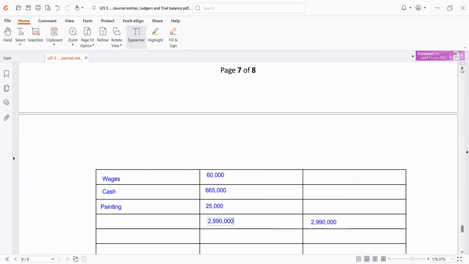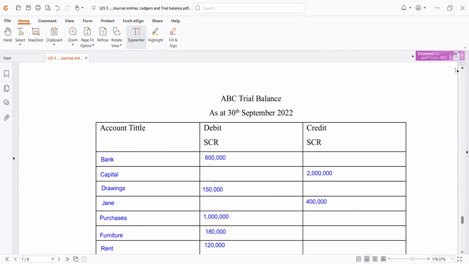So on the same note, if you look at the trial balance that we have here, there is the rule that we've always been talking about. We say there's debit, we have assets, we have expenses, we have liabilities, we have drawings, we have revenue, and lastly, we have capital.